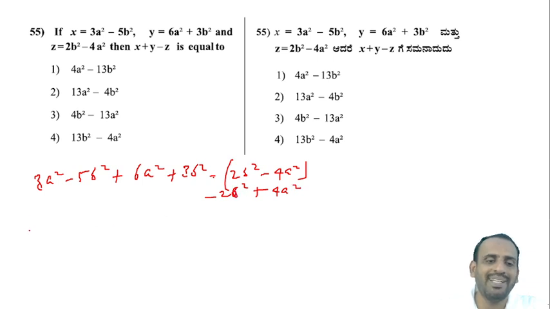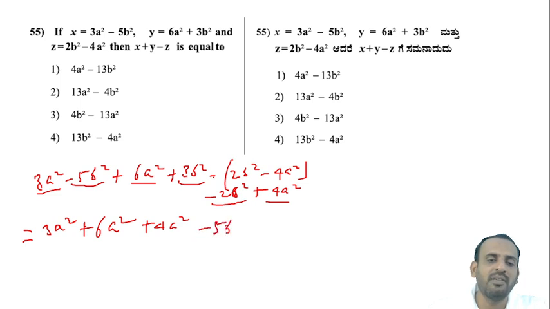Okay. So now let us group the numbers. That is, grouping means we'll group all terms with a. We have a here. So 3a square plus 6a square plus 4a square on one side. Then we will group b, b, b, b. So minus 5b square plus 3b square minus 2b square.